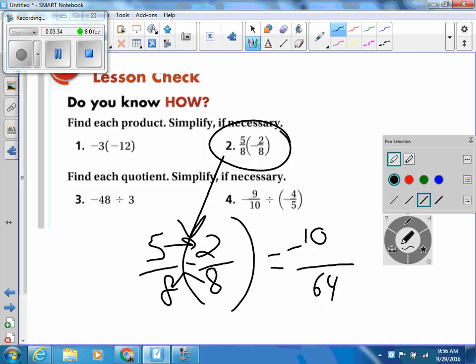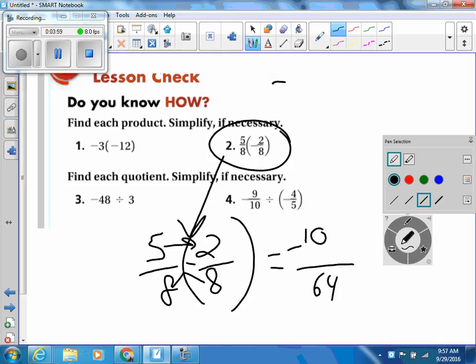Is that my final answer? No, not yet. But if you act right now, I'll throw in the reduced fraction for free. Okay, you with me? So 10 is negative, 64 is negative. That means I can divide both numbers by, wait for it, which number? 2, right?